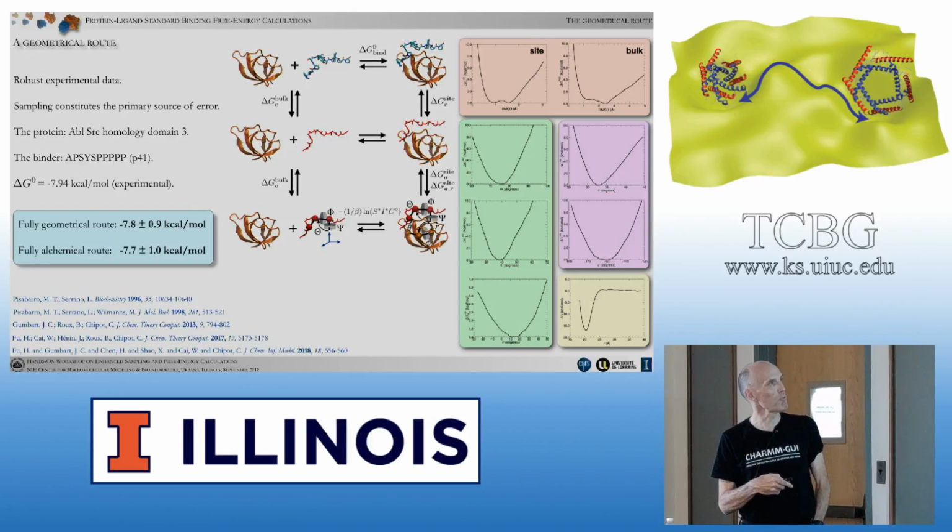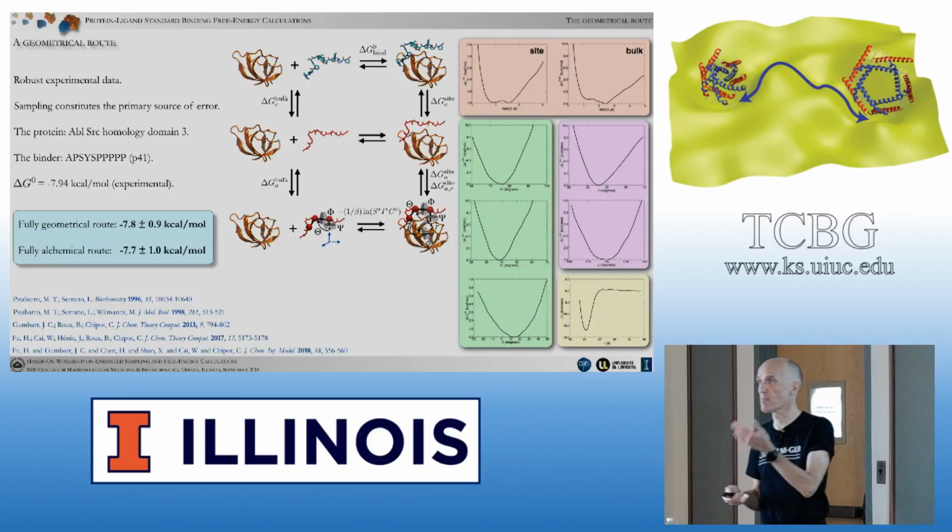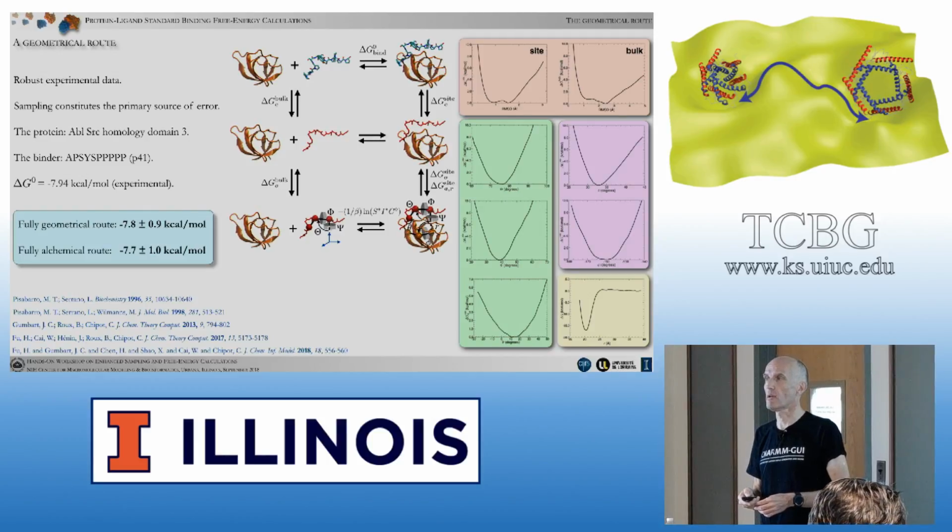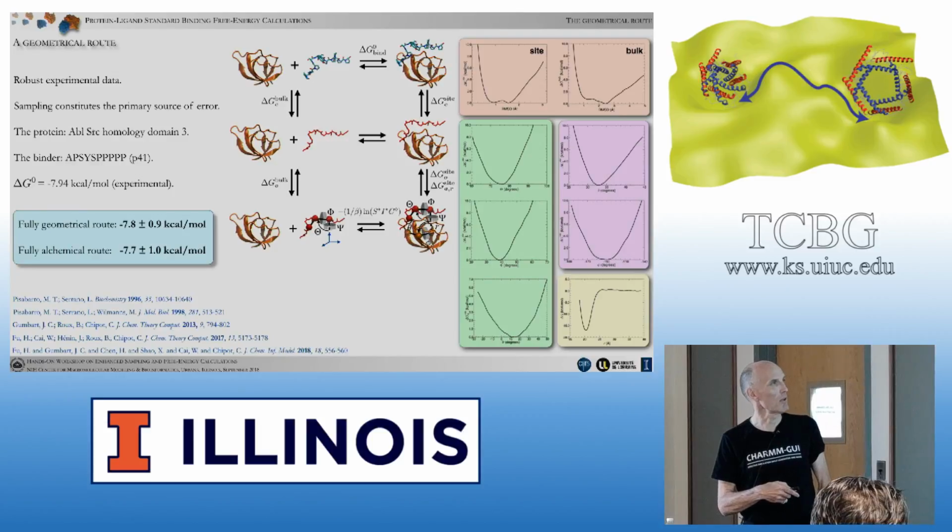And if you do the geometrical route based on these potentials of mean force, I was mentioning the quadratic nature of this potential of mean force, essentially for the Euler angles and polar angles. But the RMSD ones are a little trickier to obtain because, as I was mentioning on the second day, it's a degenerate variable, and of course you need to sample more to get a reasonably converged potential of mean force.